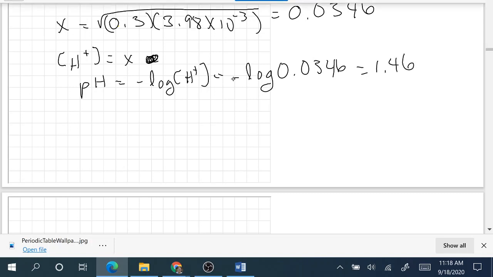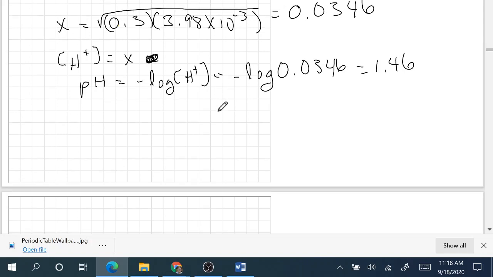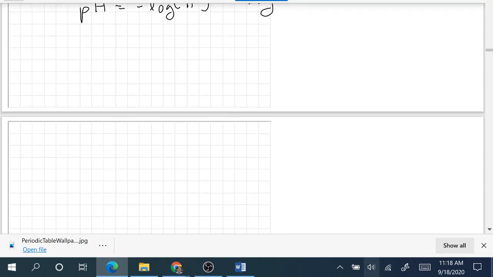Okay, so we've calculated A. That was part A of this problem. So in the next video, we will work part B, or maybe part B and C.